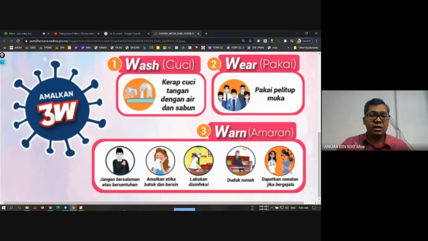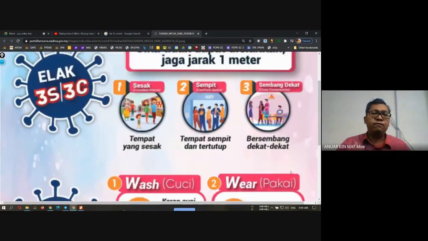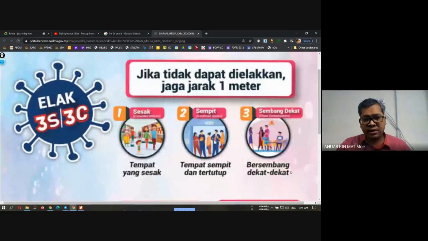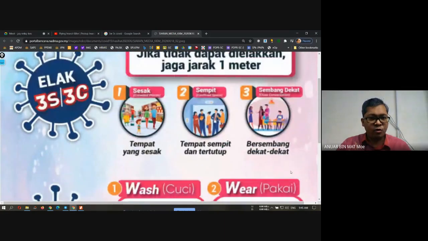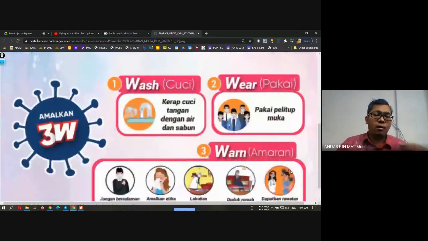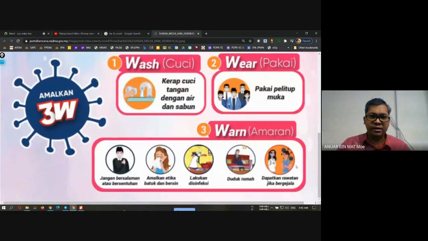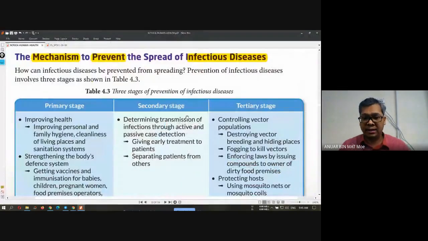So this is 3W, and then 3S. Avoid 3C or 3S: confined, crowded, and close talking, and practice 3W: wash, wear, and warn the others. So this is what we call the mechanism or the SOP to try to break the chain of infection transmission of COVID-19.